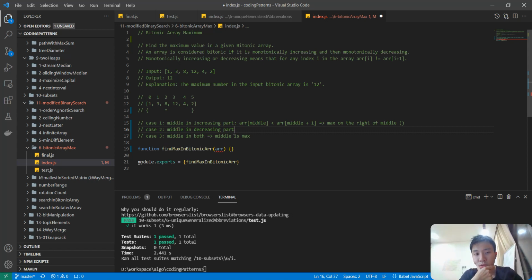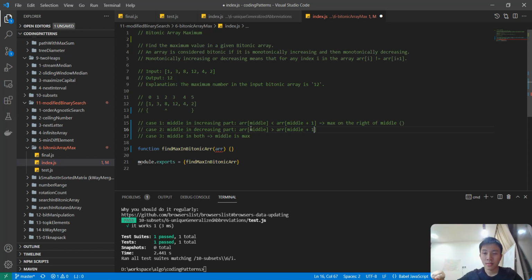The number in the middle is in the decreasing part, which is actually the reverse of the above conditions: array of middle is greater than array at middle plus one, right?